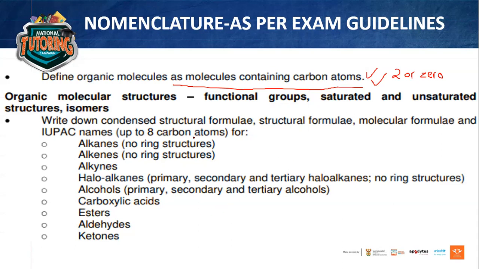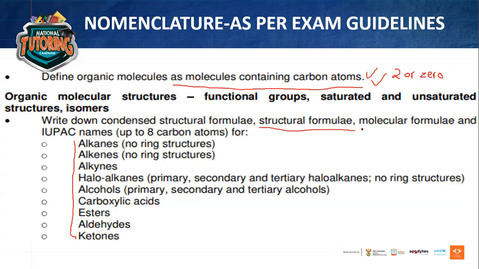Now, we look at organic molecules, the functional groups, and molecules that are saturated and unsaturated, as well as isomers. That is what we learn in nomenclature. So for all these homologous series that we have learned, we must be able to write down a structural formulae for any molecule that we are given.